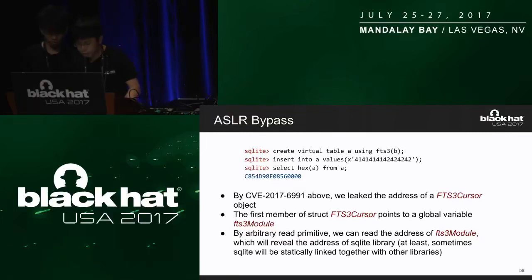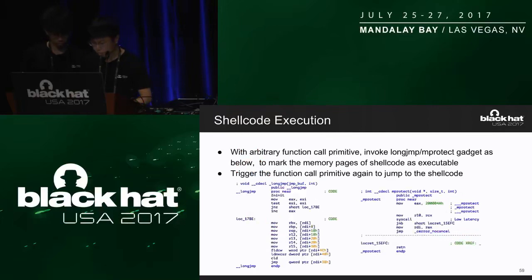In some targets, SQLite is statically linked together with other libraries so that we could use more gadgets and functions. As with shellcode execution, we could use the function call primitive to invoke methods like mprotect to get executable memory.